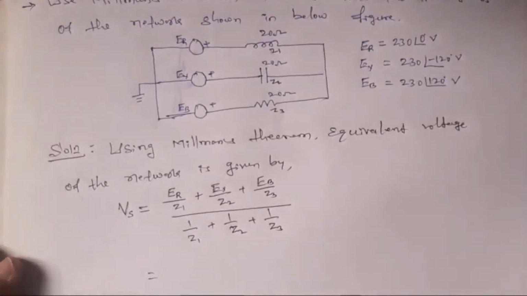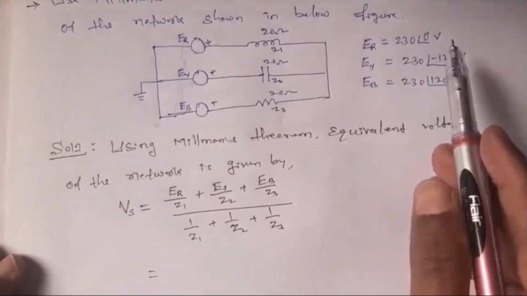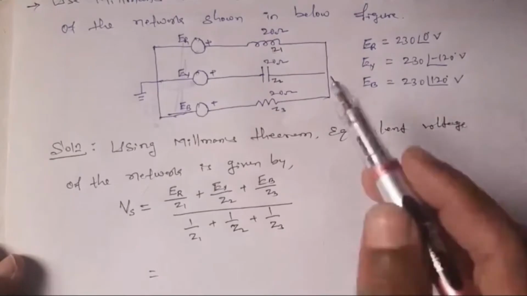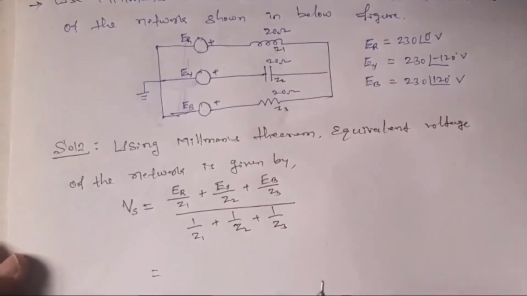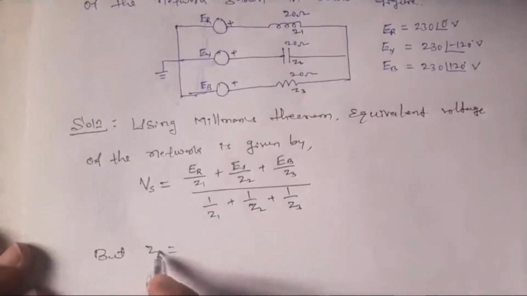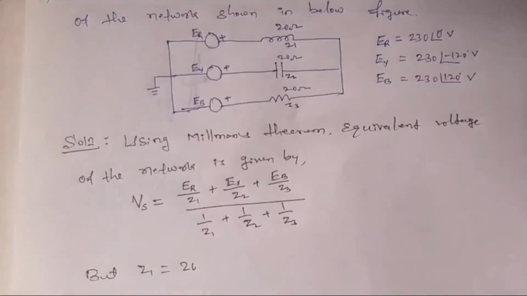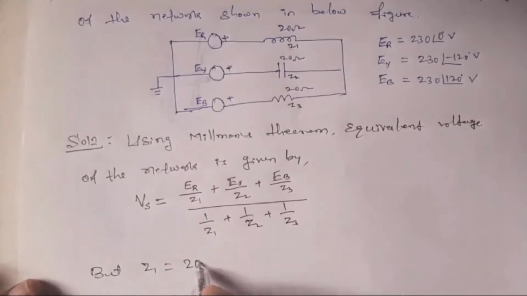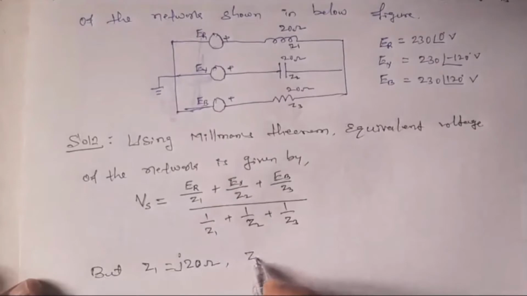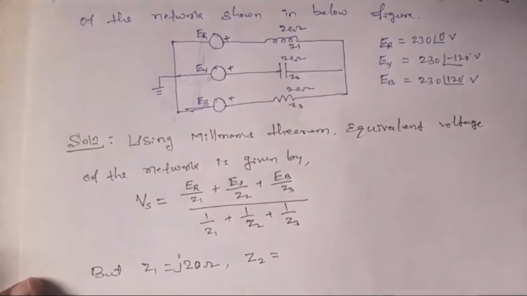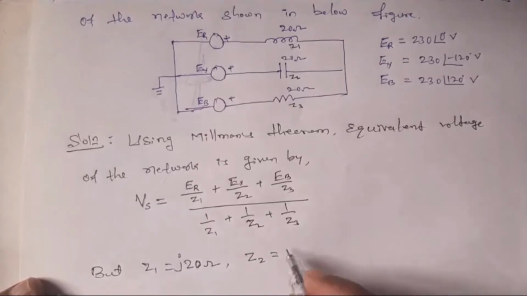I know ER, EY and EB, but Z1 and Z2 we should calculate. Z1 is an inductive impedance, so it is positive, j20 ohm. Z2 is a capacitance, so the reactance will be negative.